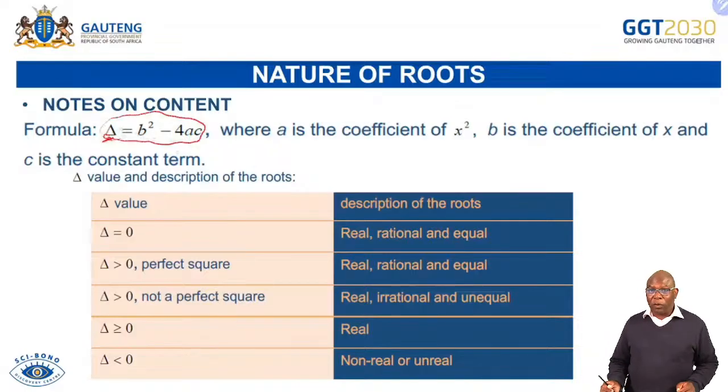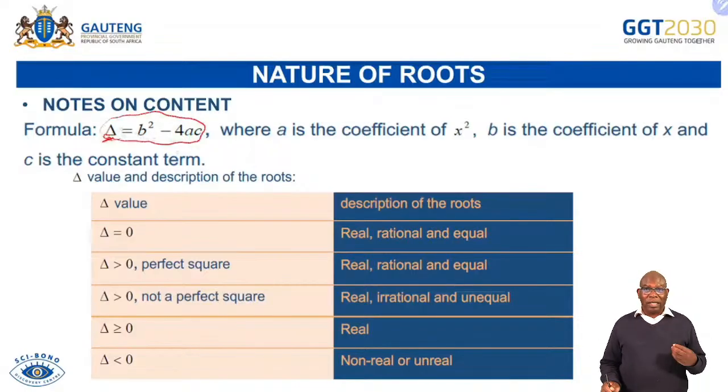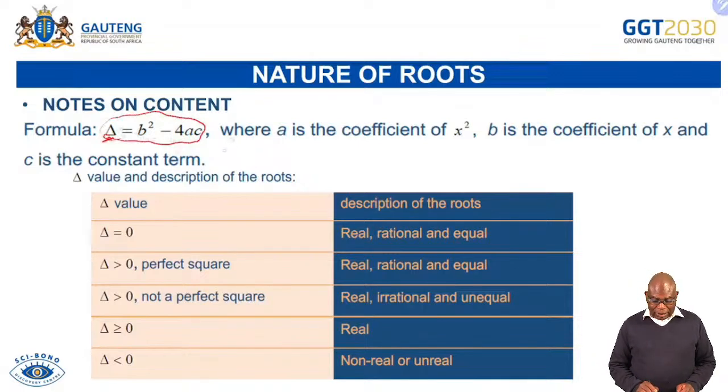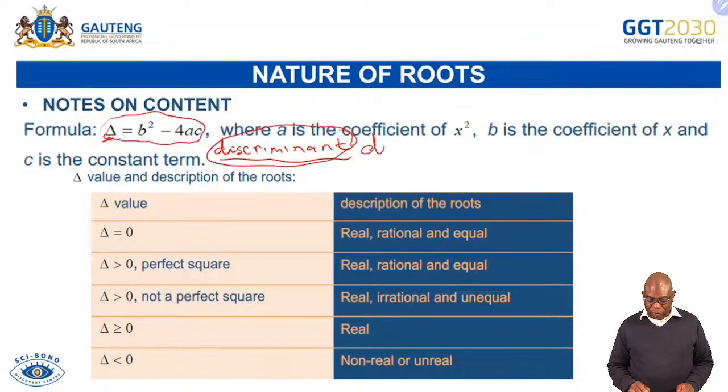I've seen in some of the question papers, they'll ask you, determine the value of delta, or determine delta. Or they'll say, determine the discriminant. So please, these are the terms that are going to be used in an exam. Sometimes they'll say, determine delta. So the delta is this sign here, and it's represented by that.